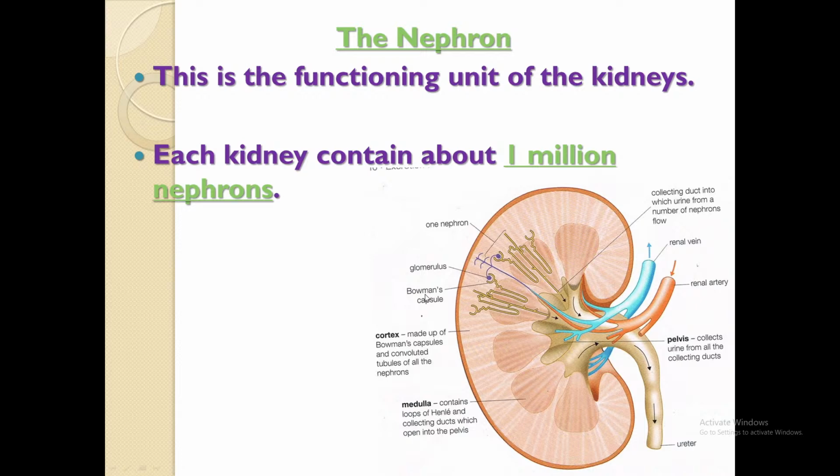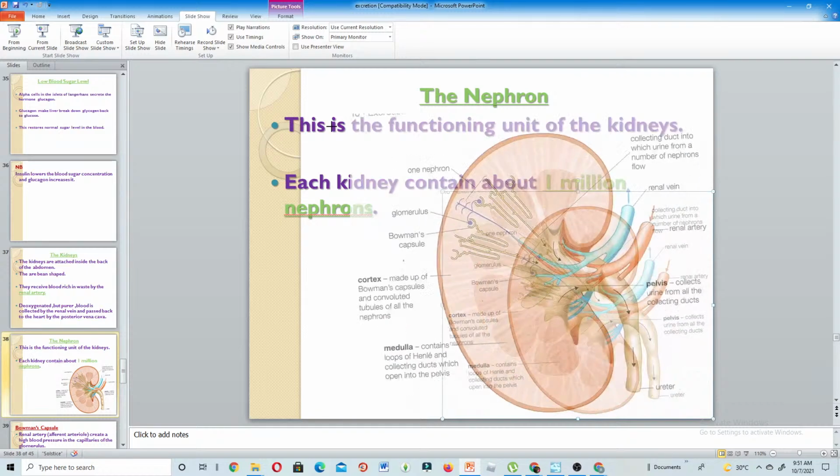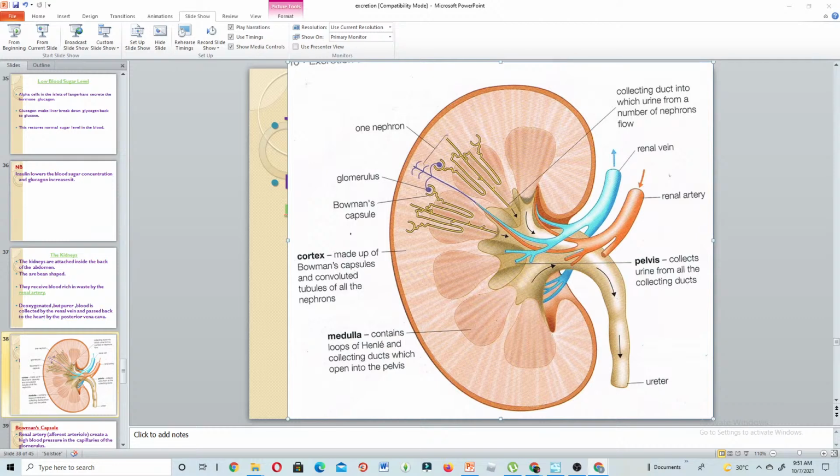So the nephron is what we're going to spend some time looking at. Looking at the image, the nephron is the yellow sections that you're seeing. I'm going to enlarge the image so you can see exactly what we mean when we're looking at a nephron.